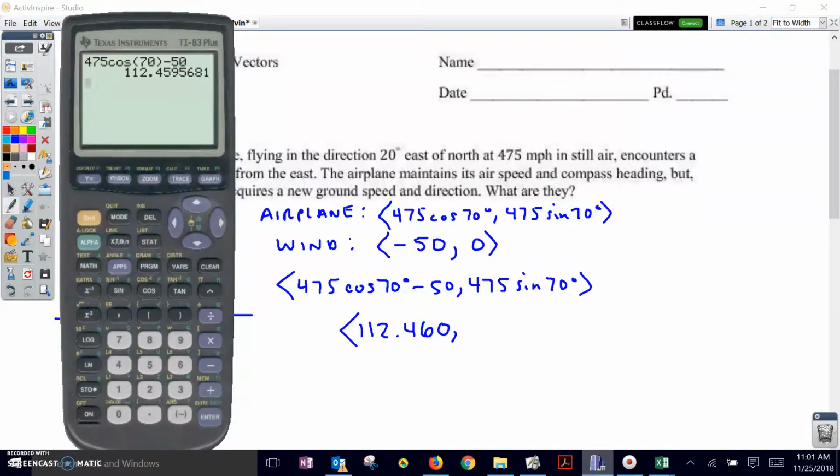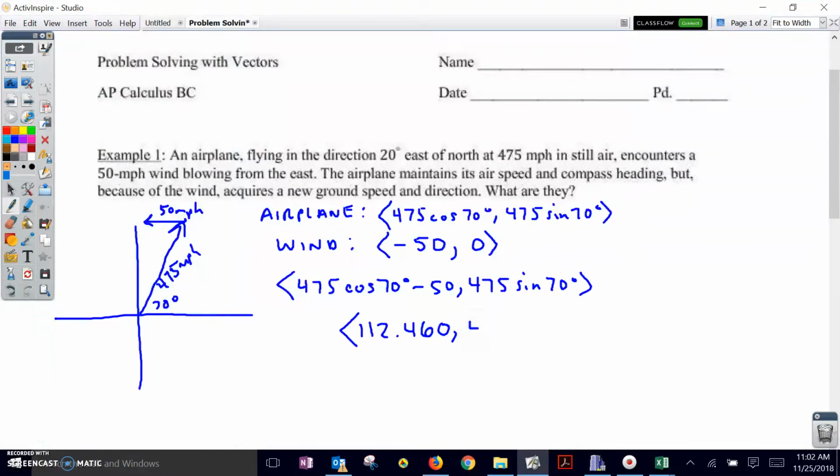And 475 sine of 70 is 446.354. And this gives me the new vector that represents the motion of the airplane.